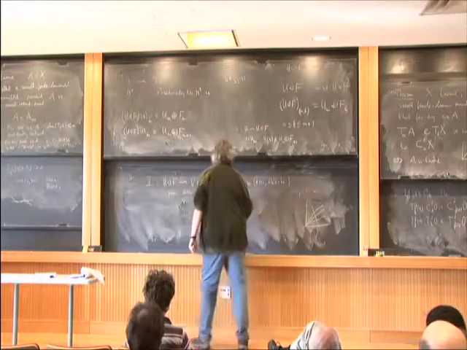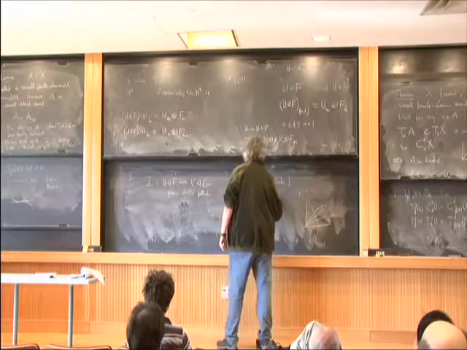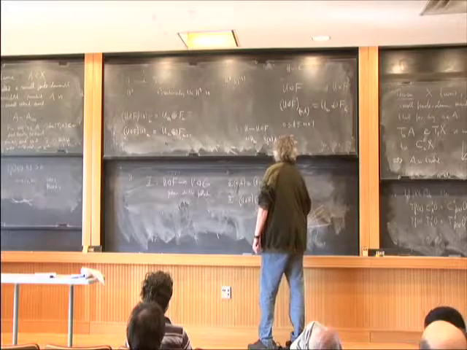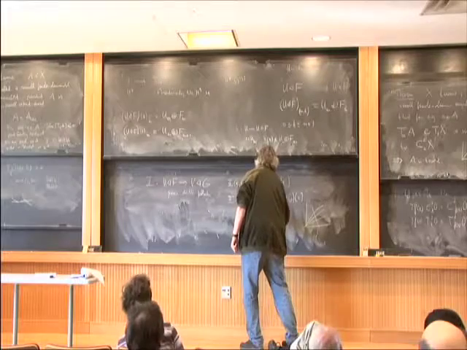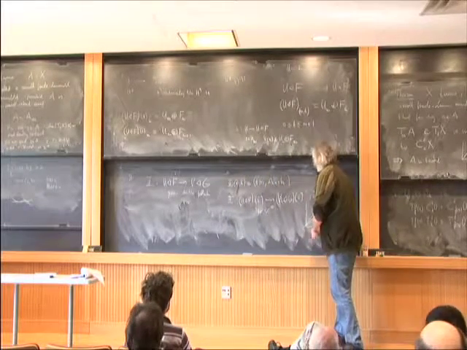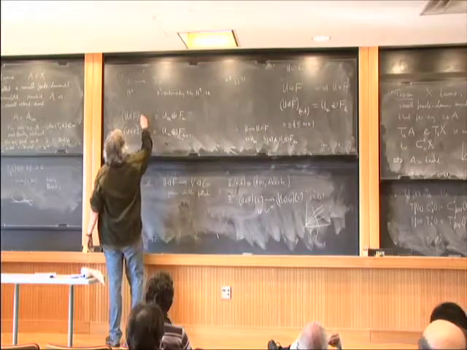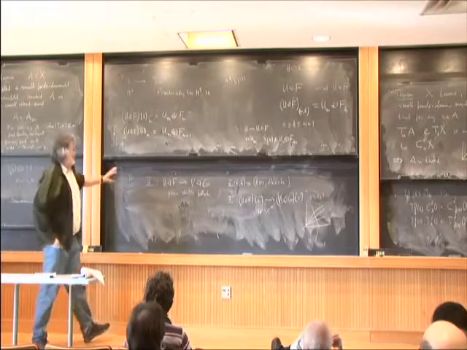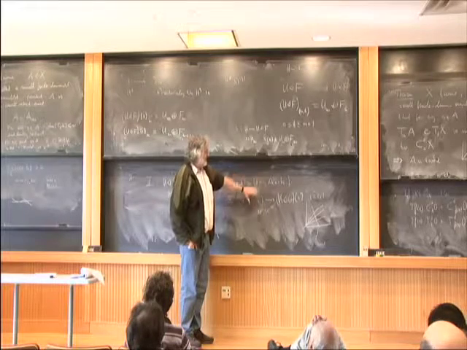So you require that it is SC infinity for i equals 0 and 1. So these are the maps which you have. They preserve this double filtration, and they should be smooth in these two senses.